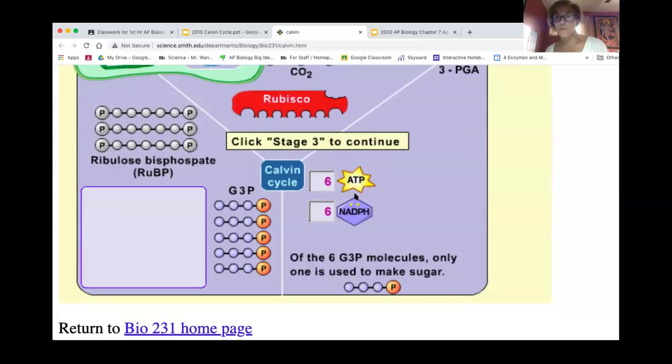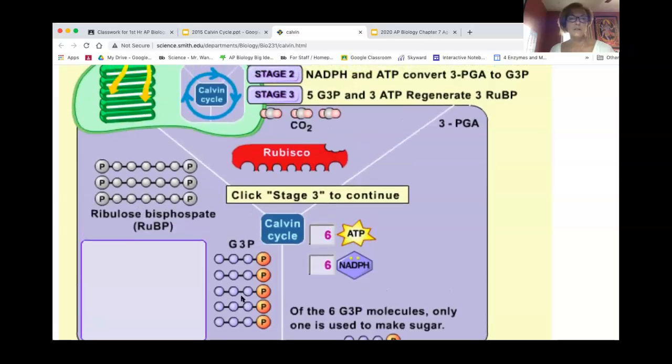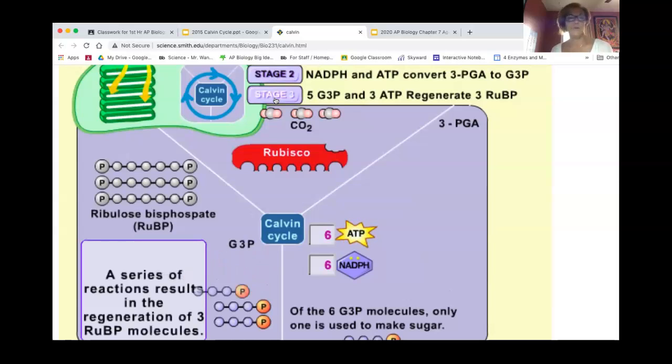ATP has been converted into ADP. We donated a phosphate. NADPH has been converted into NADP+. They are sent back to the light reactions to do it again, okay? So in the third section, we're going to recycle these 5 PGALs into RuBP, just a whole lot of letterings.